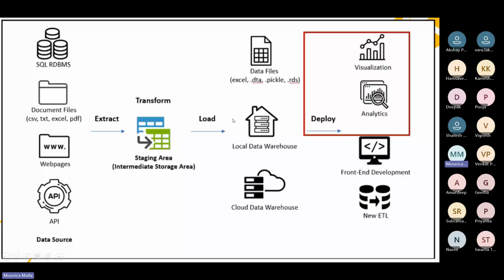See, local data warehouse, cloud data warehouse. While storing the transformed data, we can store it in a local data warehouse or a cloud data warehouse. Can somebody provide some examples? SQL, MySQL, they're all local.